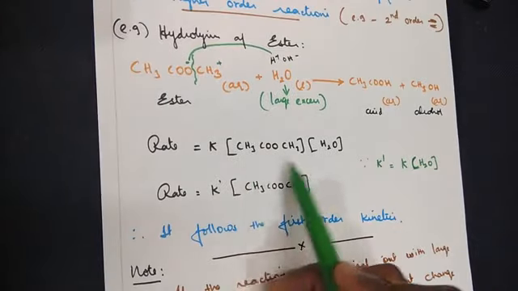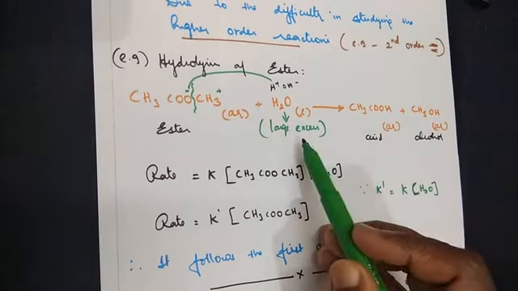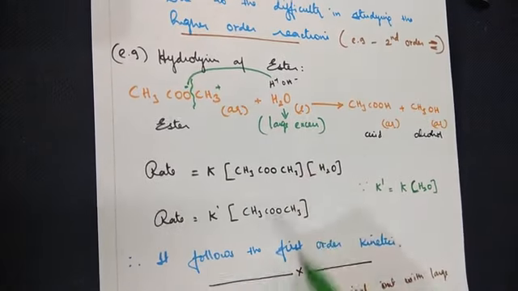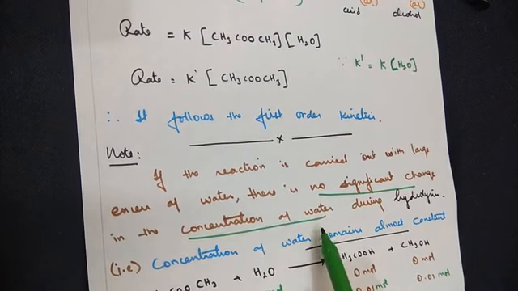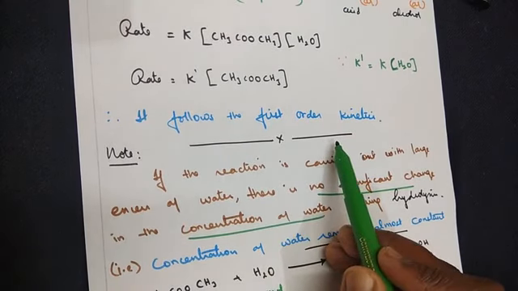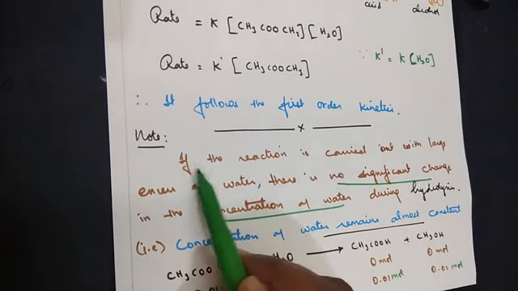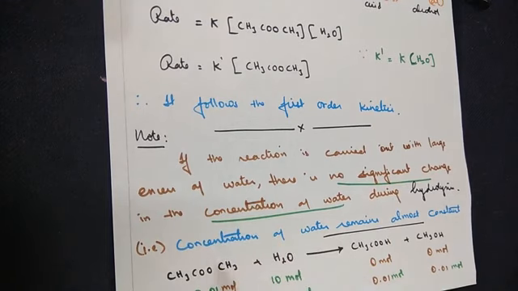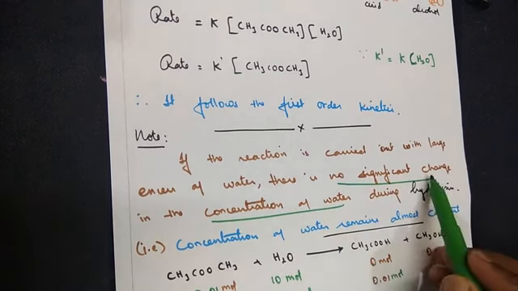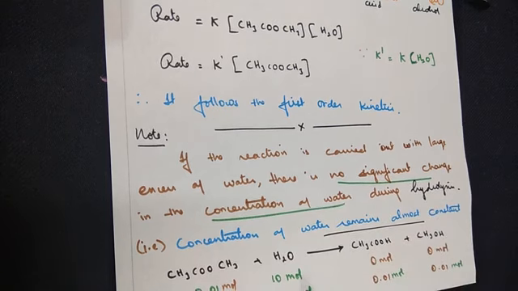Now before coming to the rate formula for it, let's understand why we are taking water in excess and what happens as a result of it. This is not from the exam point of view; only up to here you have to write. This is only an explanation I am giving you. If the reaction is carried out with a large excess of water, there is no significant change in the concentration of water during hydrolysis.